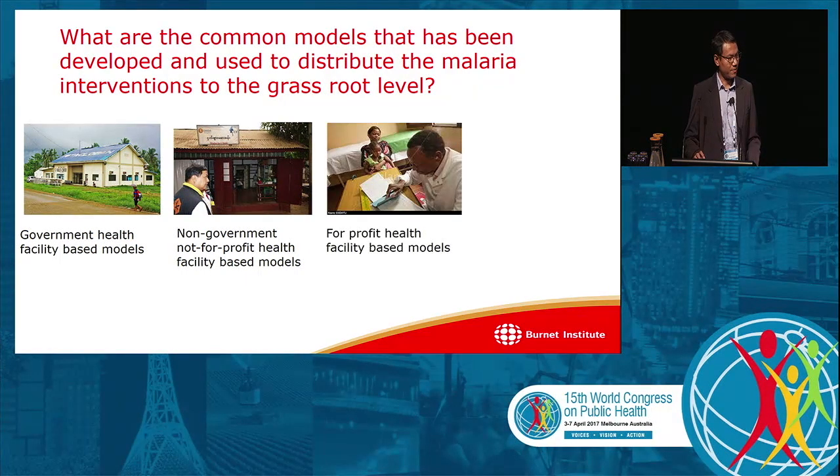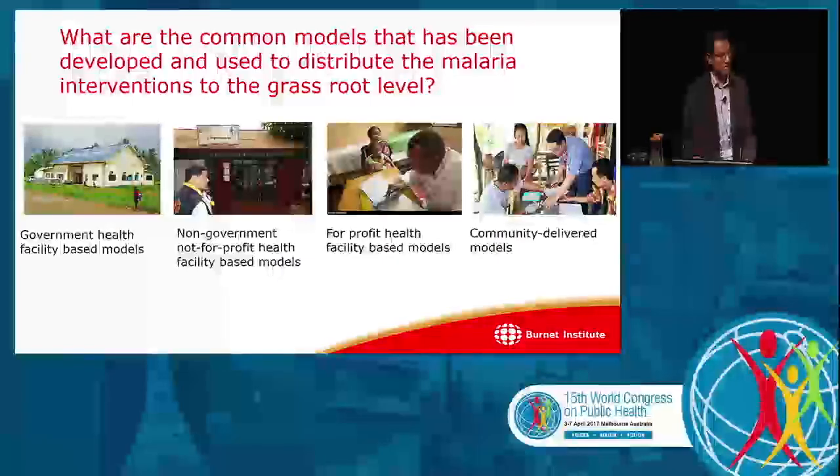Apart from that, when we talk about malaria service provision and malaria elimination, we should also think about the private sector. There is an established private sector, mostly GPs and private doctors working in the community. These people also play a critical role in providing services.